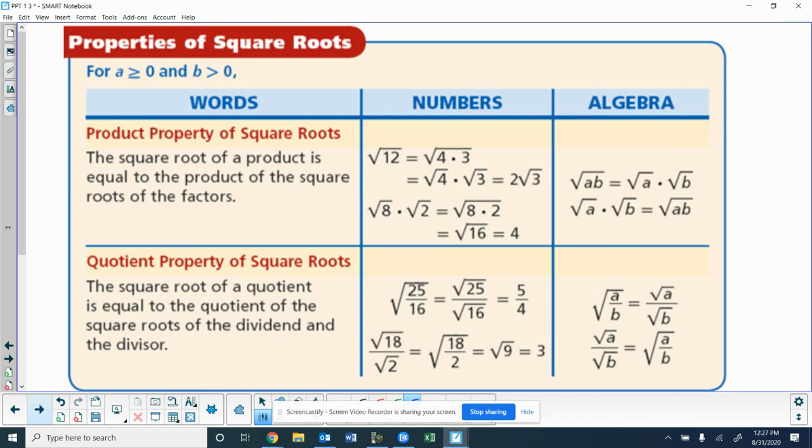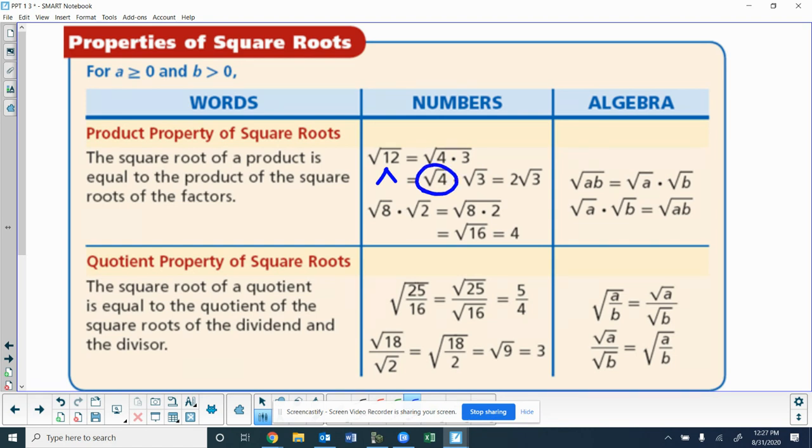Okay? So here's a couple properties of square roots. And again, I'm going kind of fast today, so just watch instead of trying to write everything down. You can look back at this if you need to. What I like to do is what I call a factor tree. When I see a number, I would have broken it up into 4 times 3, but I would circle that 4 because 4 is a perfect square.